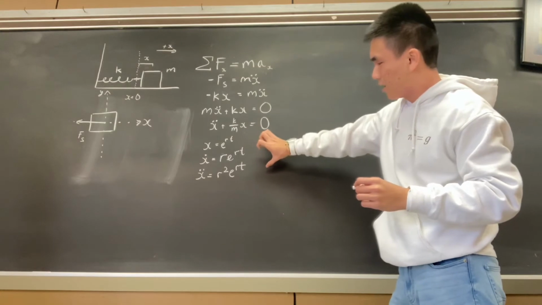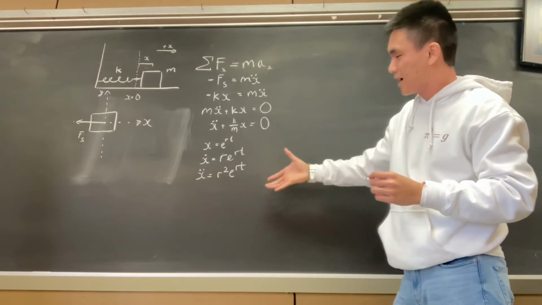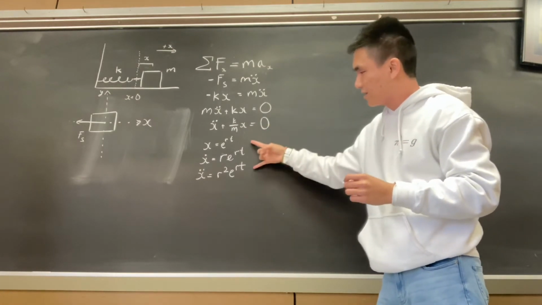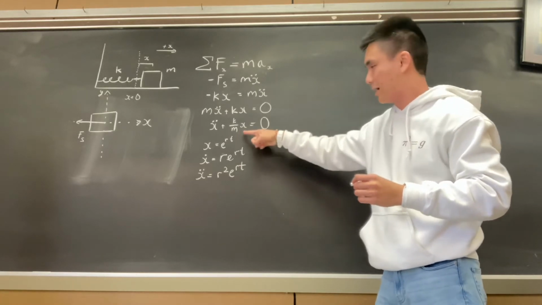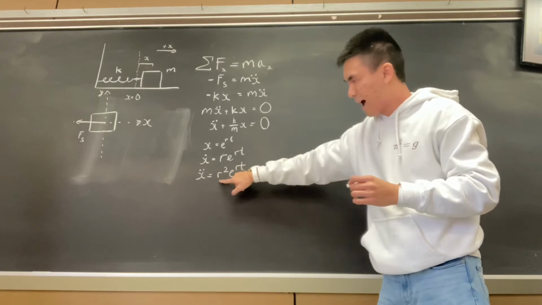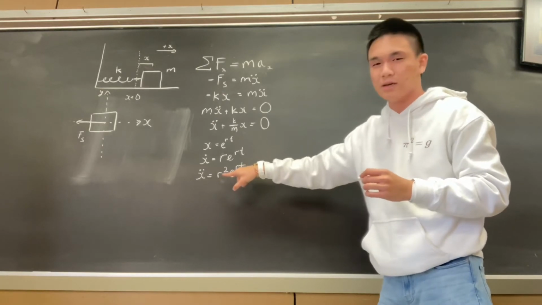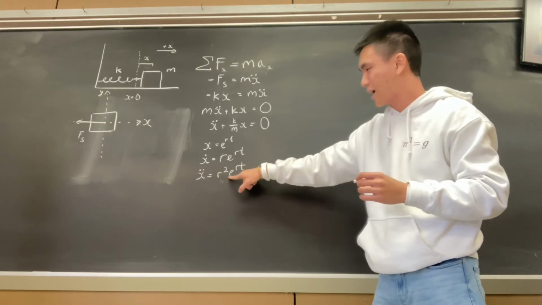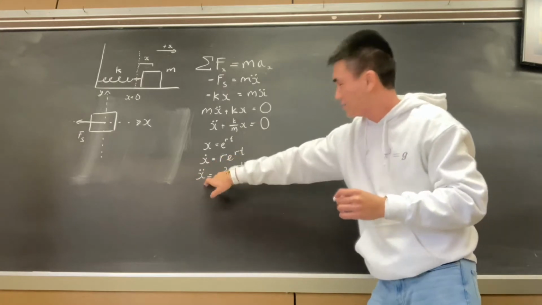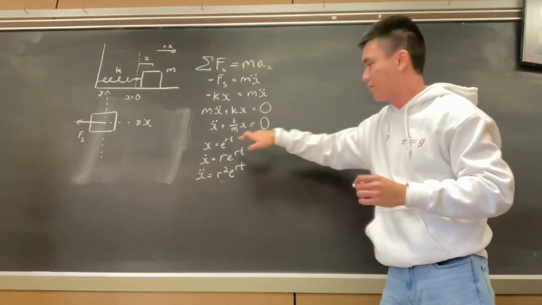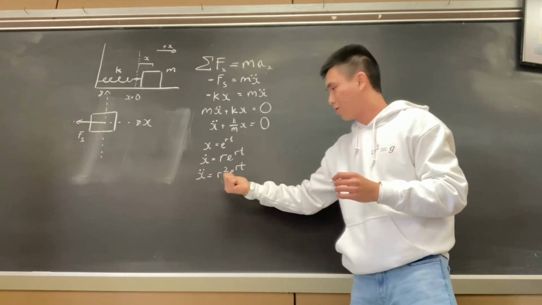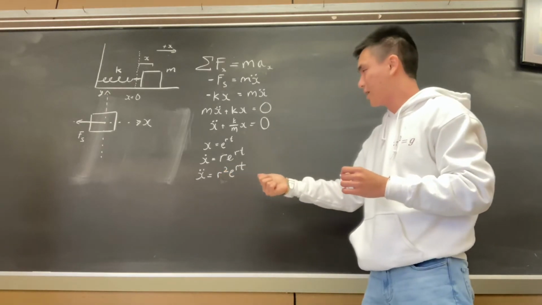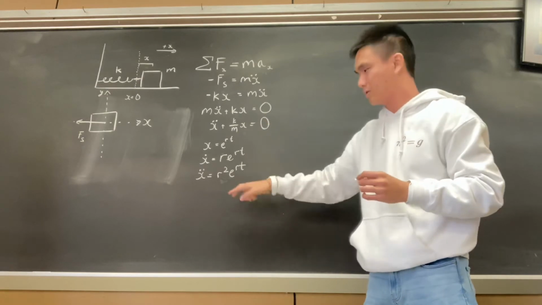If I add these together and I get 0, and of course there's this multiple out front, I want to find out what this r is going to be. So in order to make sure that I have x double dot plus a multiple of x equal to 0, I've got to find out what r is.